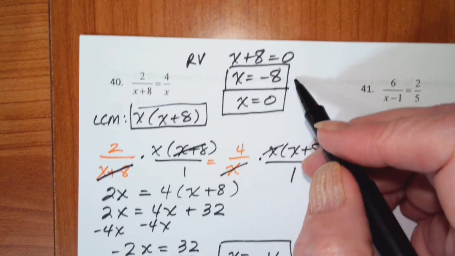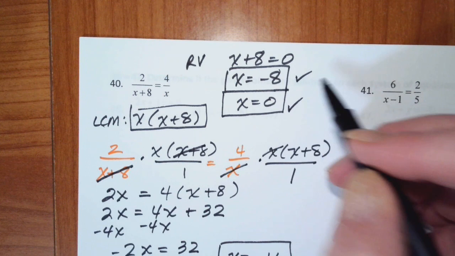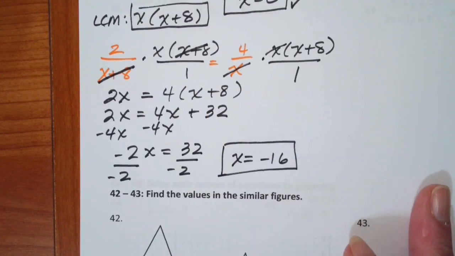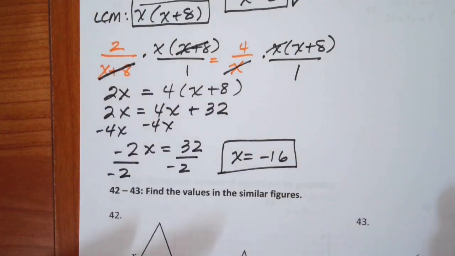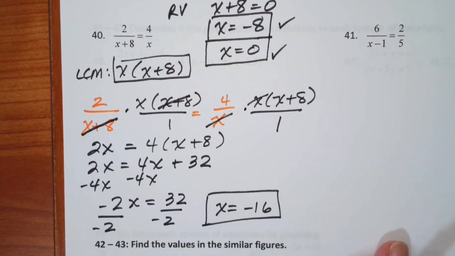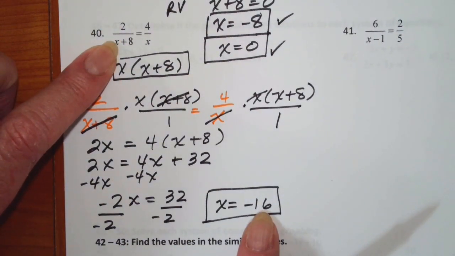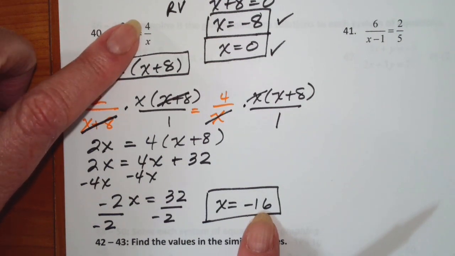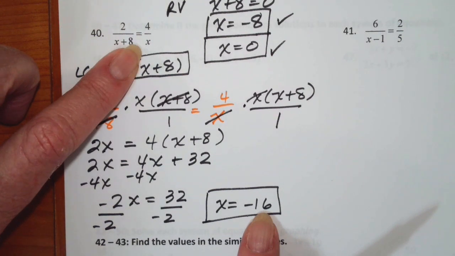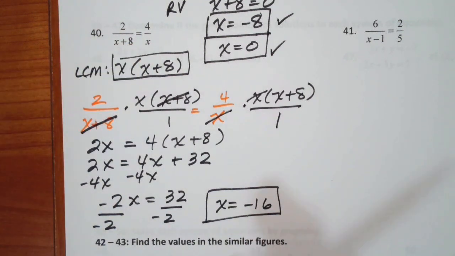Okay, I check it against my restricted values. They're okay. And if I plug it in, it works. So this gives you 2 over negative 8, which is negative 1/4. This gives you 4 over negative 16, which is also negative 1/4.